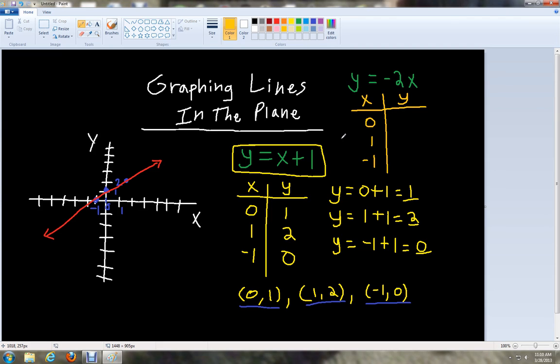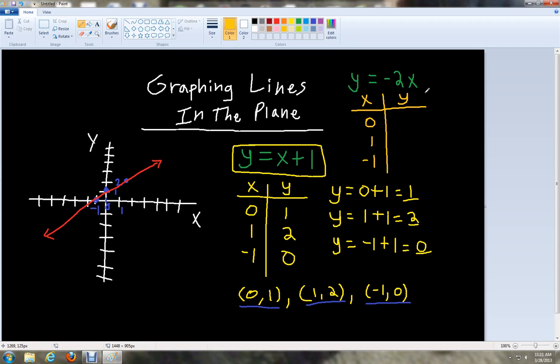A question you might ask is, Ben, can I plug in any other numbers besides 0, 1, negative 1? The answer is yes. You can plug in any values of x that you like, both positive, negative, and including 0. But just to make the plotting easier, 0, 1, negative 1 are usually pretty nice values to use for x.